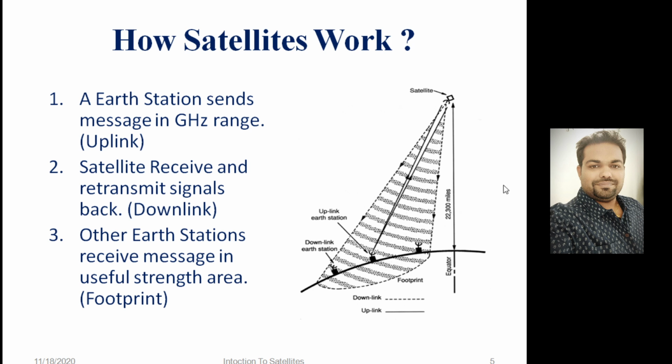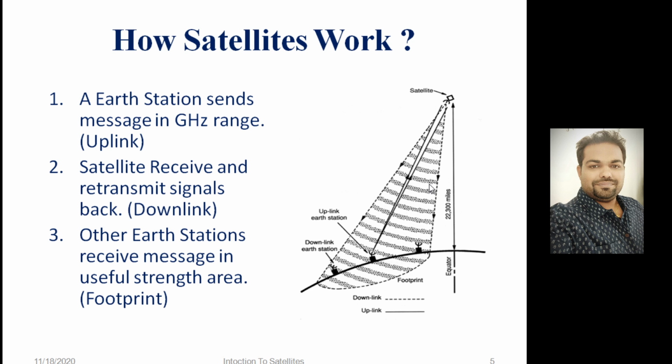Look at the height: 22,300 miles is the height at which the satellite is situated from the equator. The uplink station sends the signal that is received by the satellite and retransmitted back, and those are received by the other ground stations. Those are known as downlink, and this triangular pattern that you are getting here is known as the footprint.